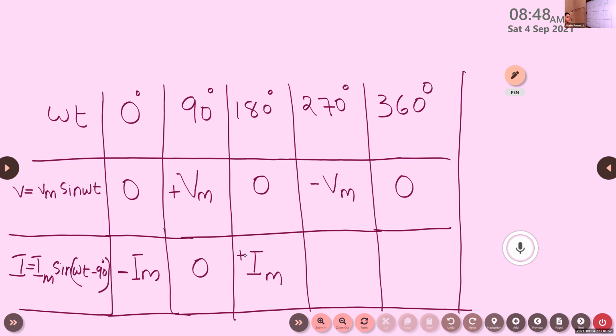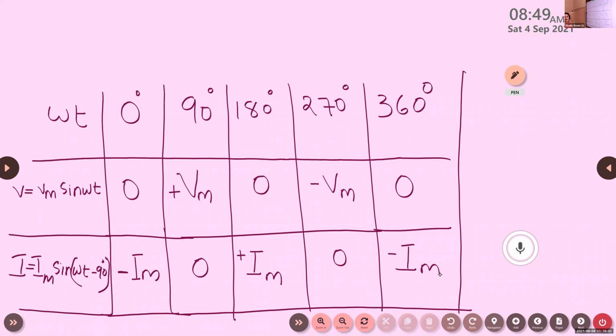Then what about sin 180? 0. So that term becomes equal to 0. The last one, 360. I is equal to Im sin 360 minus 90, that is 270. Then what is sin 270? Negative 1. Sin 270 is equal to negative 1. So I is equal to negative Im.